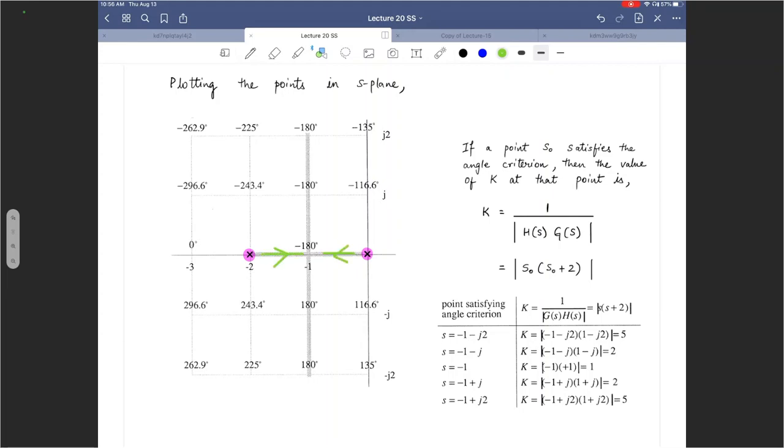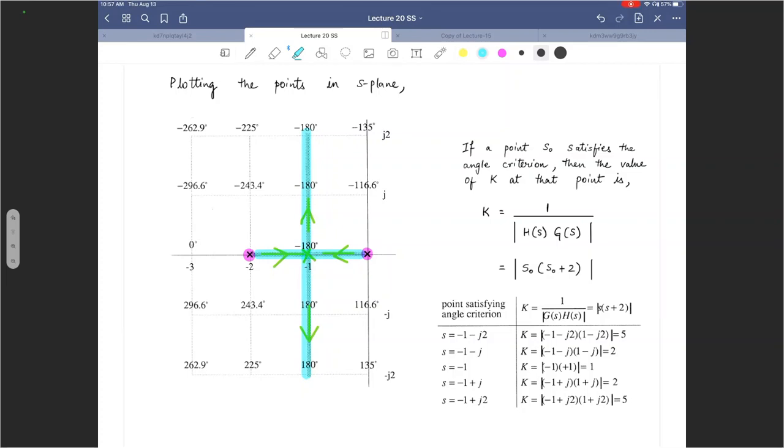They are going to meet over here at one point, and then one is going to go up and the other is going to go down, right? So they are going to break away on the real axis at s equals -1. But all these points that I'm highlighting in blue now, they all satisfy the angle criteria.